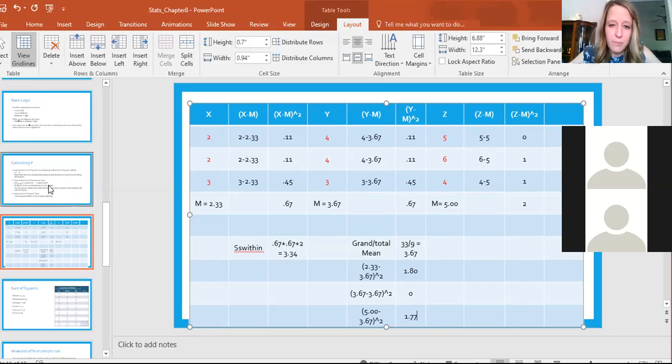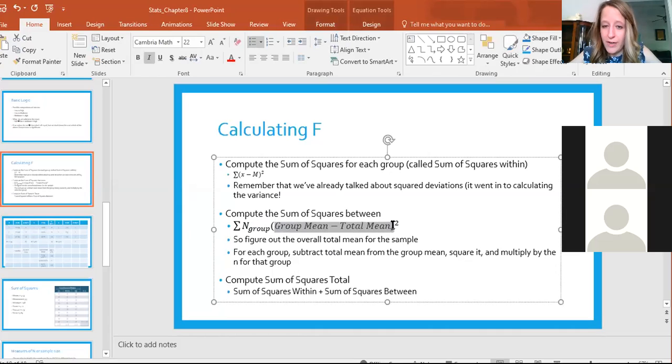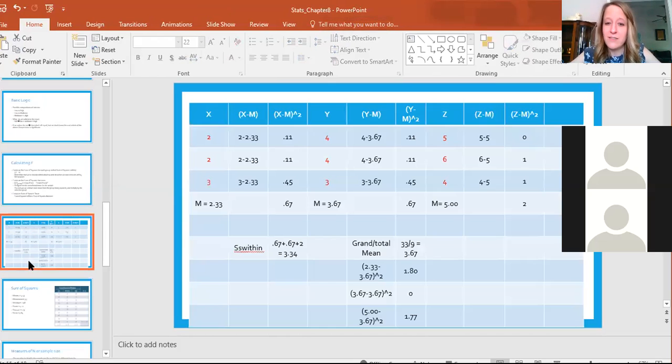Now, if you look back at this formula, it says take each group mean minus that total or grand mean, square it, and then multiply it by the group size. So that's essentially weighting each of these values by the size of the group. Here, every group has the same amount of people, right?